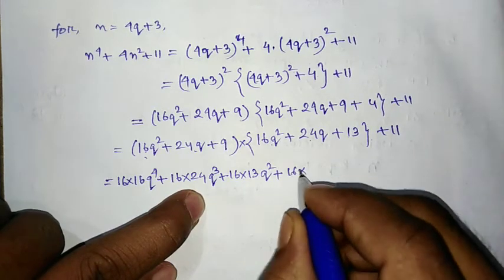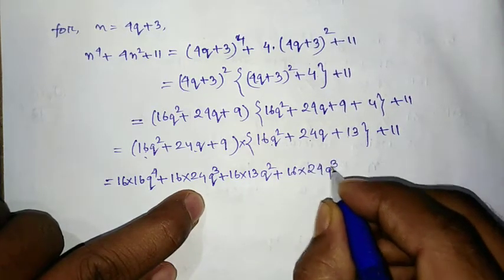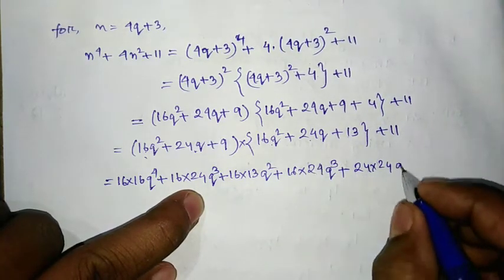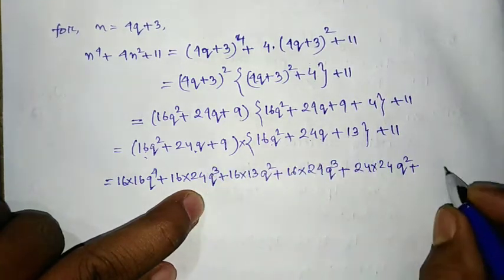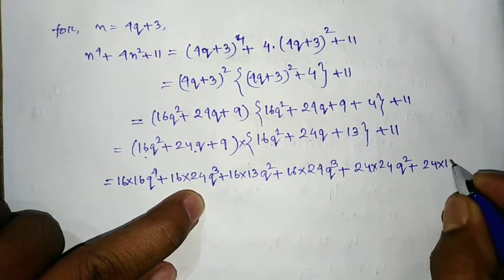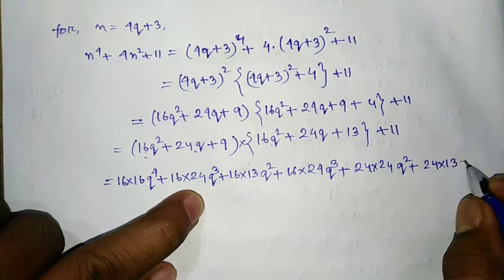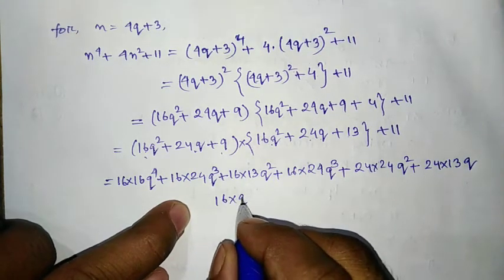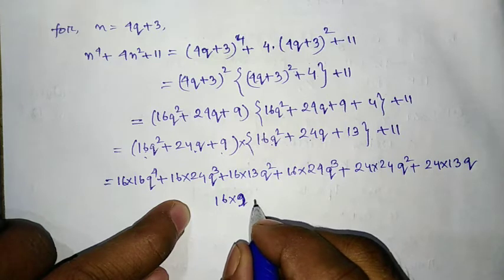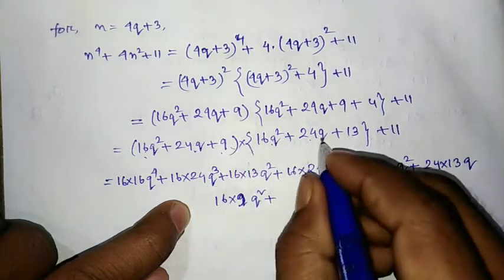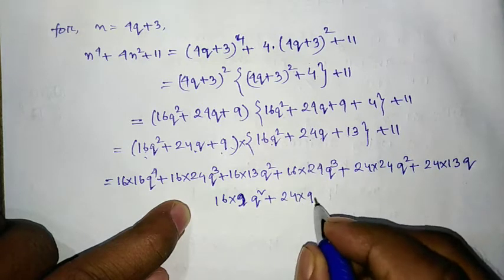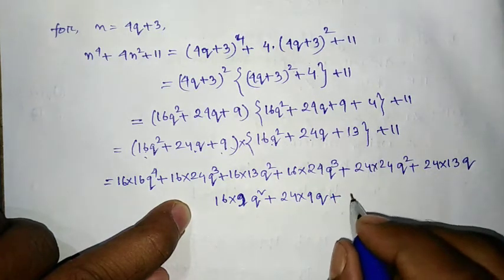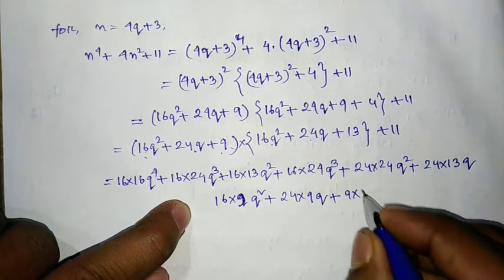So here we have to multiply these two expressions. 16q square times 16q square means 16 into 16 q to the power 4, then 16 into 24 q cube, 16 into 13 q square, plus 24q into 16q square, that means 16 into 24 q cube, plus 24 into 24 q square, plus 24q into 13, that means 24 into 13 q.